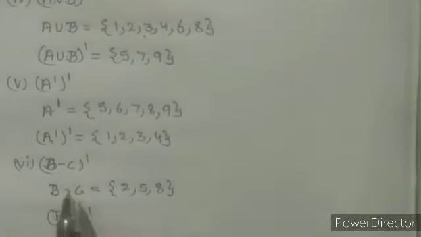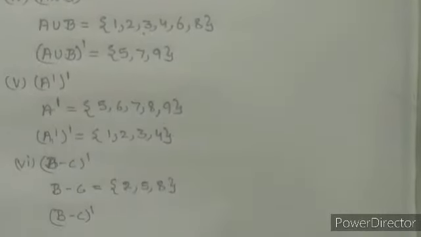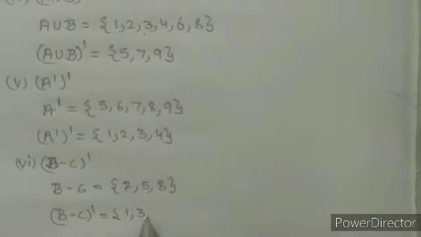B minus C complement will be the set of elements which are not in B minus C and are present in the universal set, and those elements are 1, 3, 6, 7, and 9.